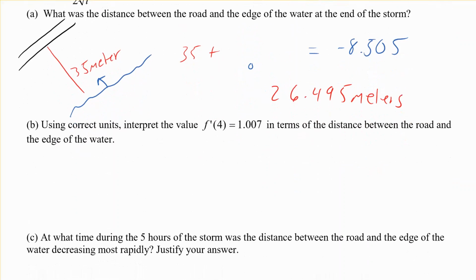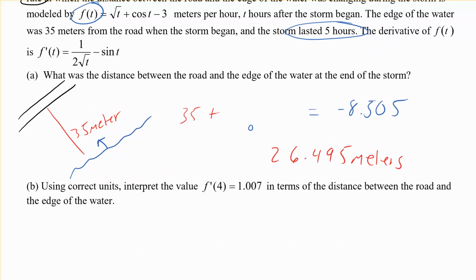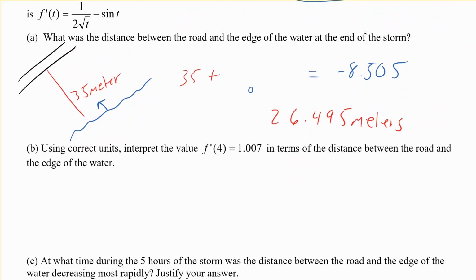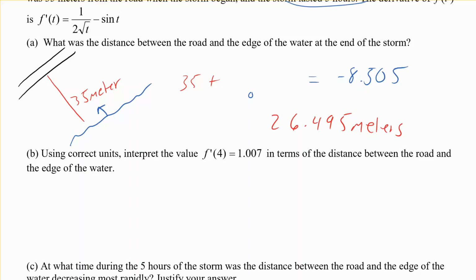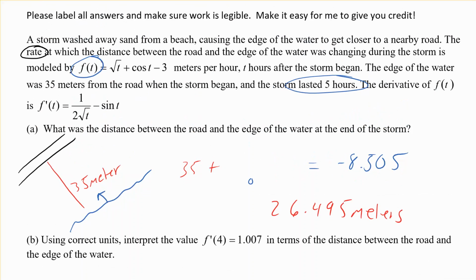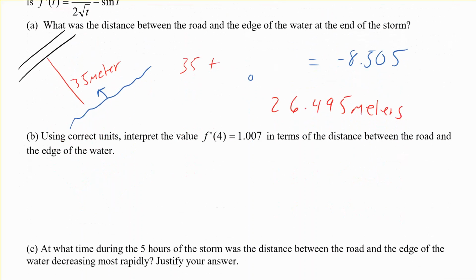Using correct units, interpret the value of f prime of 4 equals 1.07 in terms of the distance between the road and the edge of the water. So we've put in 4 into the derivative, and it is 1.07. I would also encourage you to look at the actual rate, because f is a rate, so I've got a derivative of a rate.